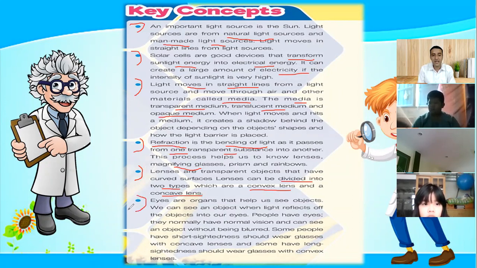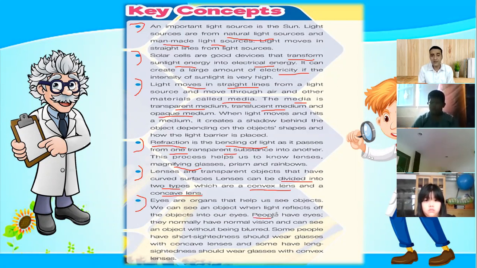Now, the last one is the organ, which is the eye. Eyes are organs that help us to see objects. We can see an object when light reflects off the object into our eyes.